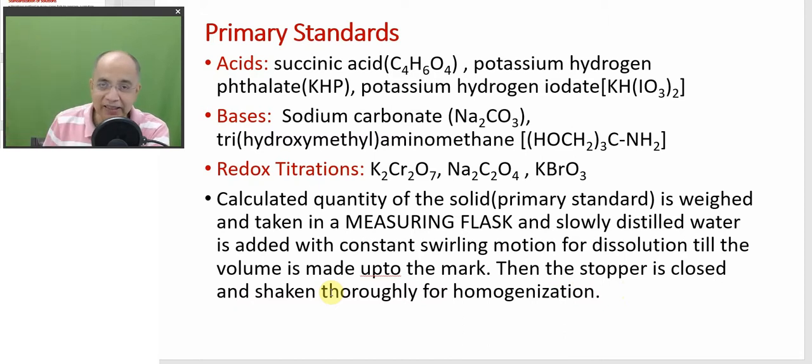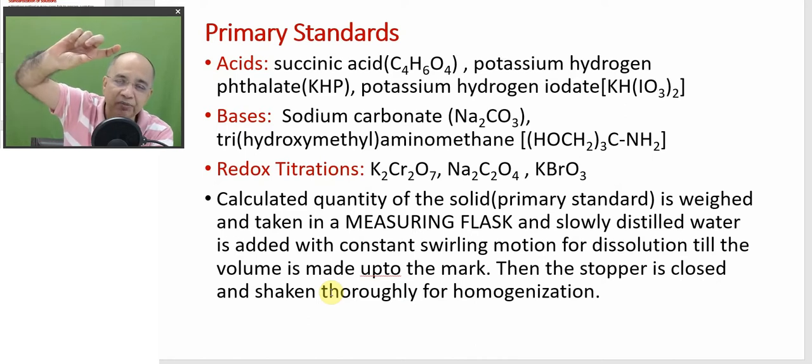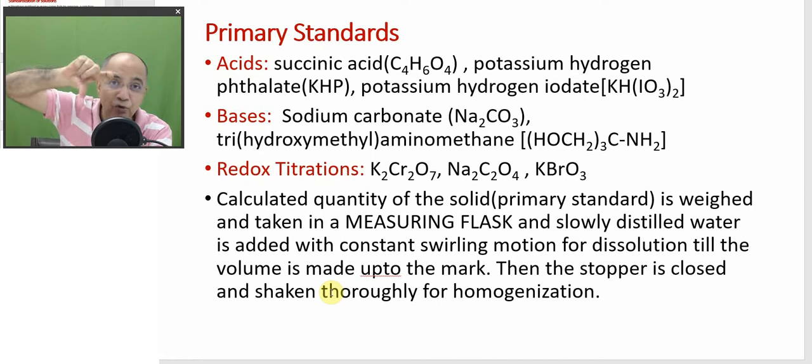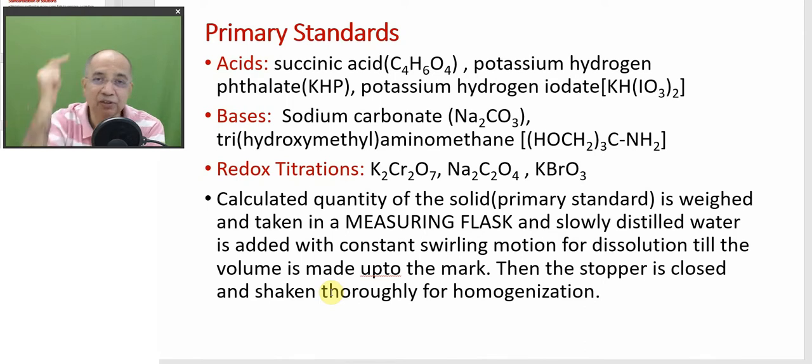Not that you add, say the measuring flask is 200 ml, you just take 200 ml of water in another measuring device and put it on the measuring flask. It's not that. You have to add distilled water with swirling motion, so that it will homogenize.